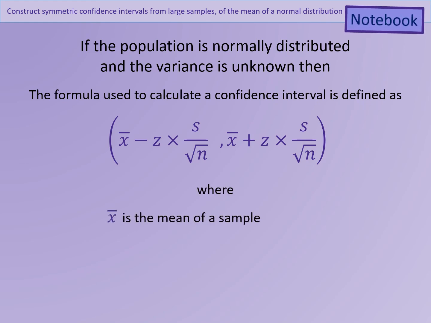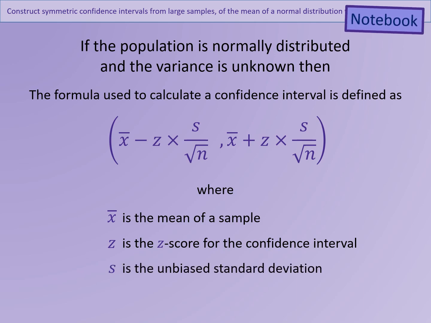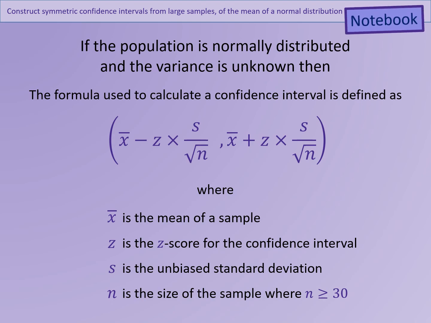So in this case, x bar is the mean of the sample, z is the z-score for the confidence interval you want to find, S is the unbiased standard deviation, and n is the size of the sample, and in order to use this, n would need to be greater than or equal to 30.